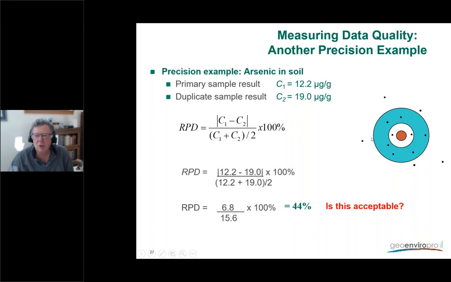But when we take duplicates, we don't know if that duplicate is representing this guy and this guy, or this guy and this guy, or these two close together here. If our duplicates just happen to be similar to each other, even though we have very poor precision, we won't know it from one duplicate. If you know what I'm saying, this duplicate thing, it's an indicator, but in and of itself, it isn't telling us a whole pile.